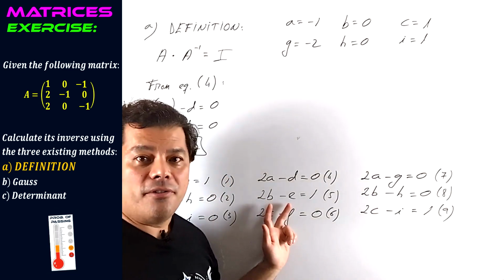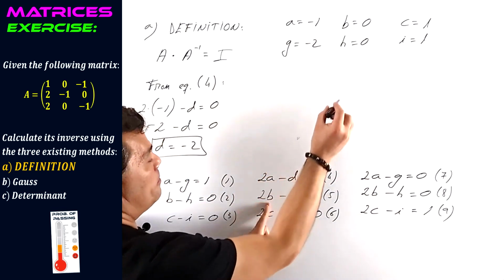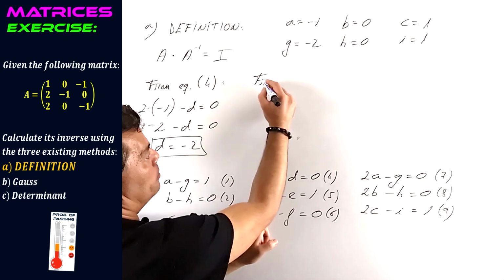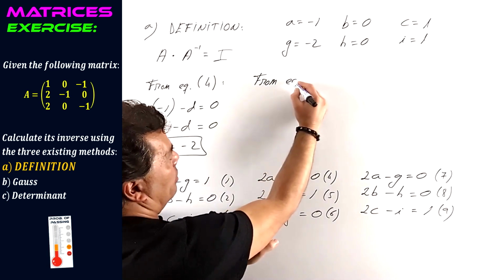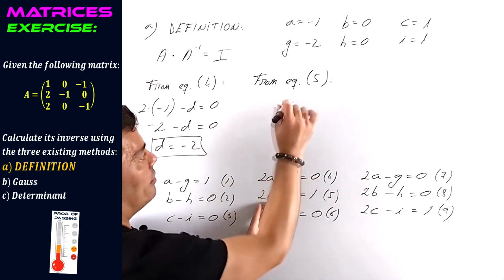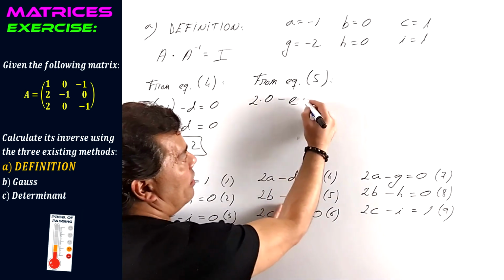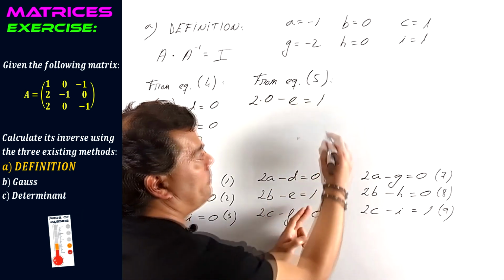Of course, we are going to use equation number 5, as we already know the value of variable D. From equation number 5, 2 times B, that is 2 times 0, minus E equals 1.